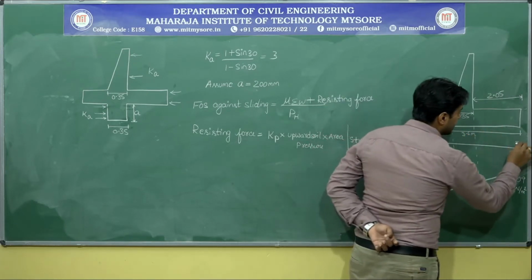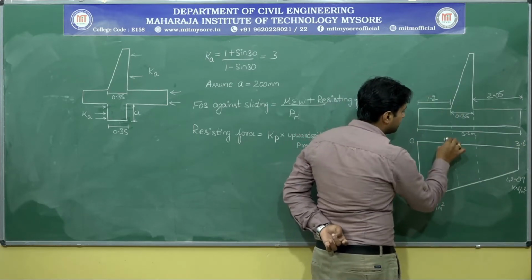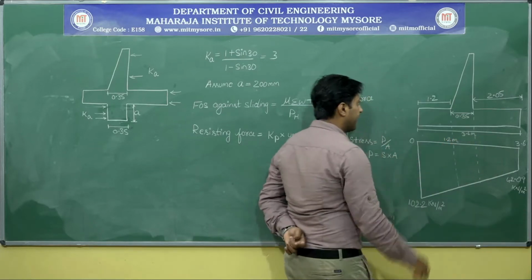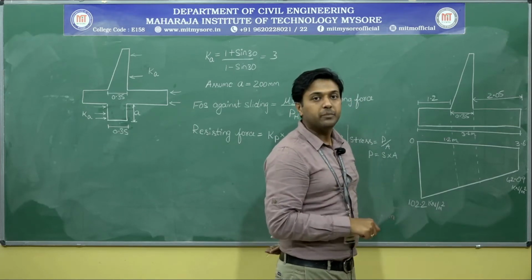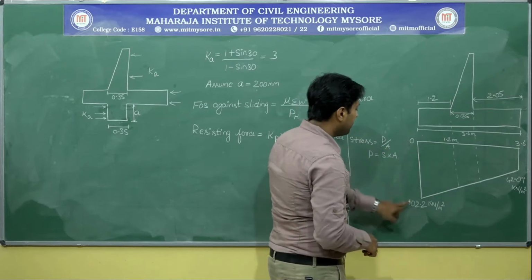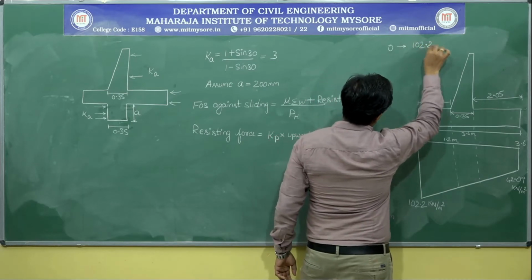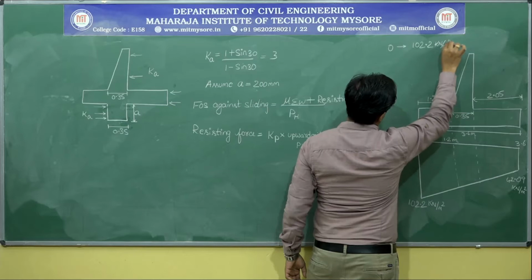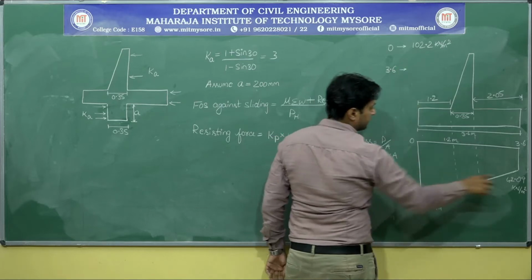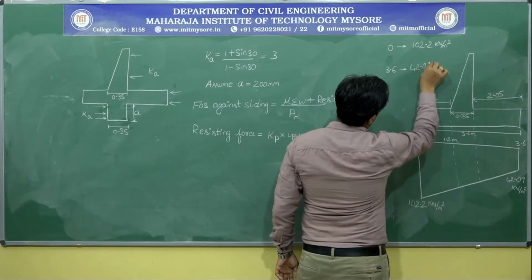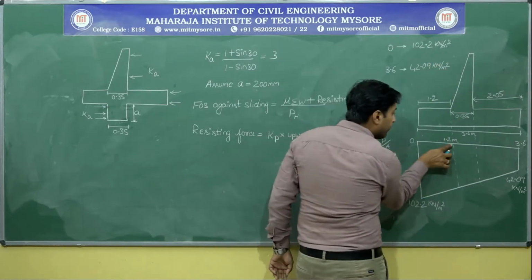If this is 0 and this is 3.6, I want the soil pressure at 1.2 meter. Using the calculator by doing interpolation, you know how to calculate it, so I will show it only once. For 0, it is 102.2 kilonewton per meter square, and for 3.6, it is 42.09 kilonewton per meter square. Then I want it for 1.2 meter.